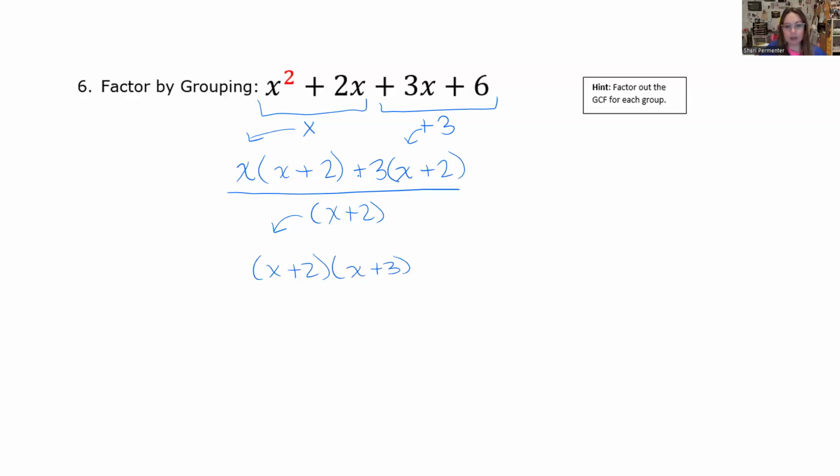You can always double check your work because your answer is going to be the GCFs. So what I factored out first, x plus 3, that's part of my answer. What I factored out second, x plus 2, also part of my answer. We're done.